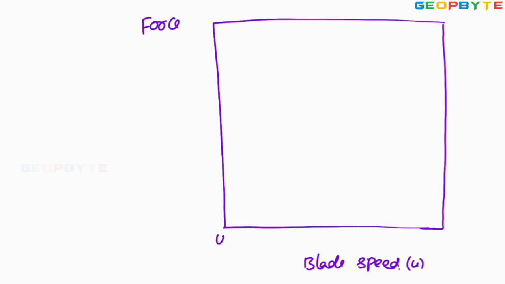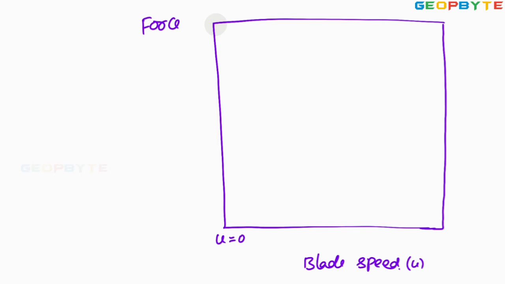When the blade speed u equal to 0, though the steam force is acting, then maximum force is acting on the blade. Even if the steam is entering to the blade, if the blade is not moving, the maximum force is acting on the blade.